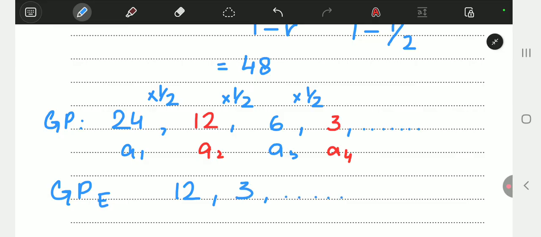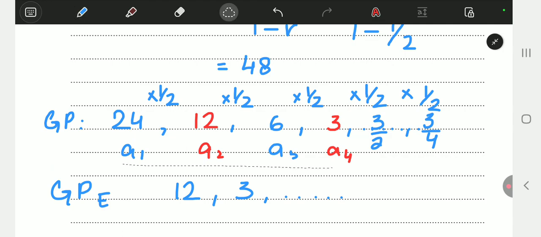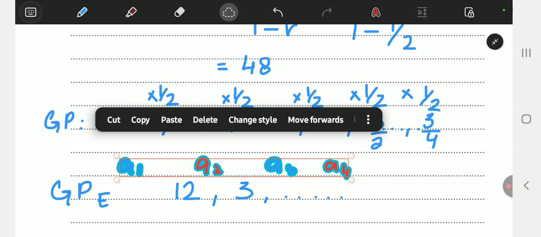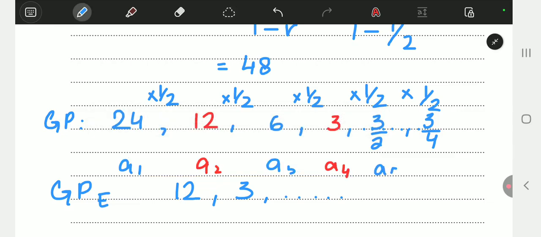So you may write a few more terms as well if you want. So it will be 3 over 2, then it would be 3 over 4. So you can write that too, but this much is also enough. 2 terms are enough to identify and solve any progression. Okay, so 12 and 3.